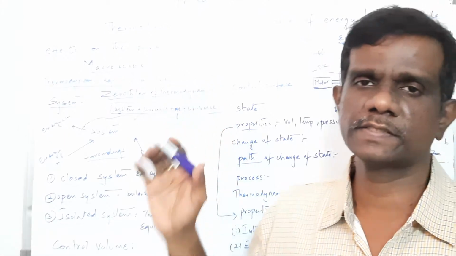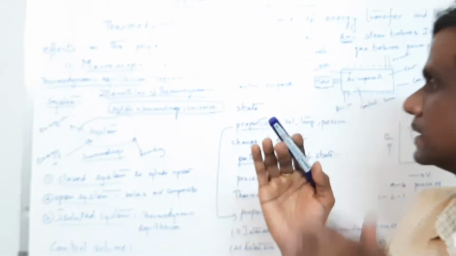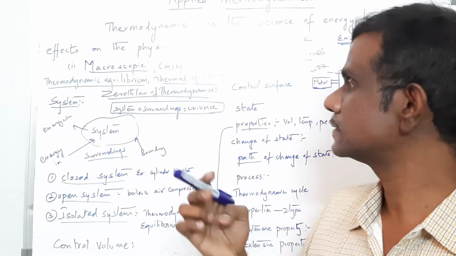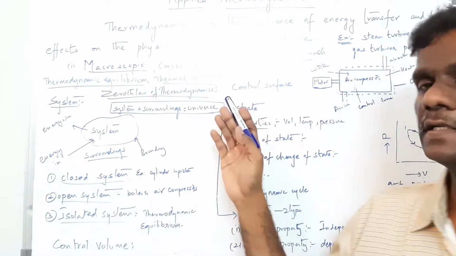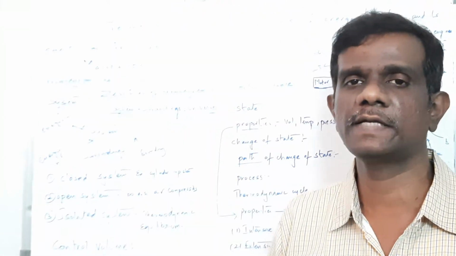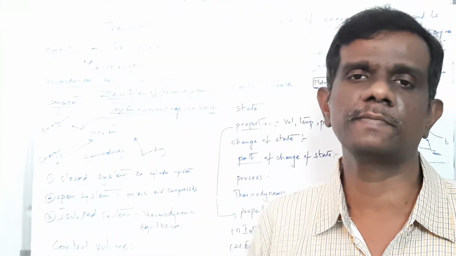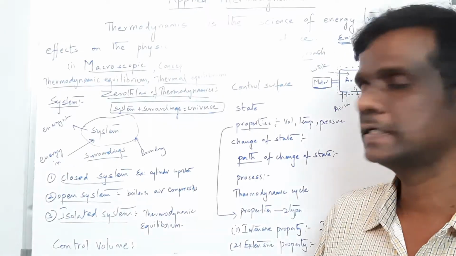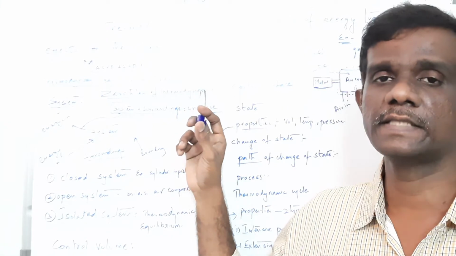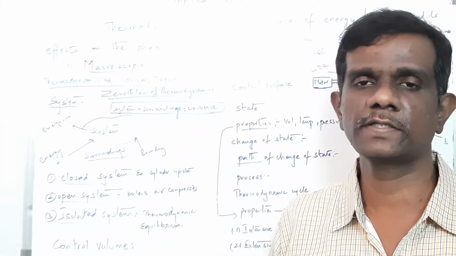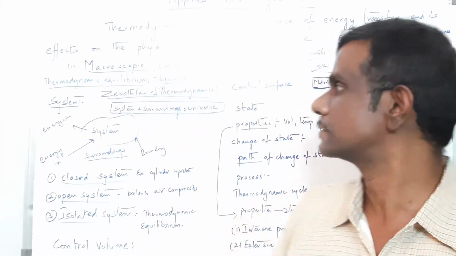Thermal equilibrium is nothing but this: when two bodies are in contact with each other, heat will be transferred from one body to the other until the two bodies attain the same temperature and the heat flow stops. Then the two bodies A and B are said to be in thermal equilibrium.